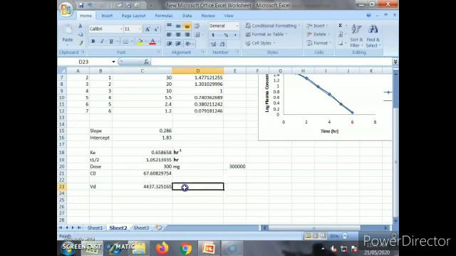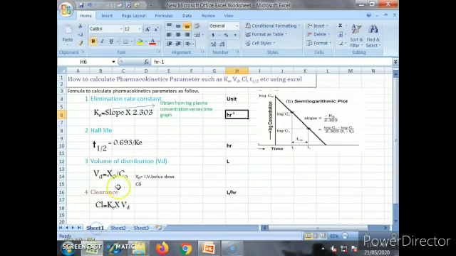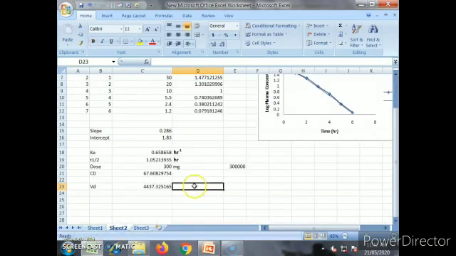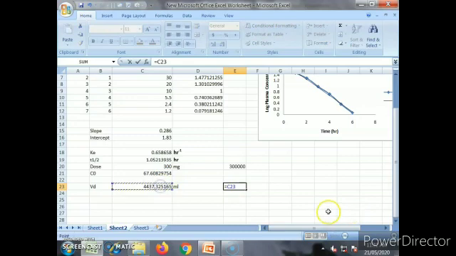So in this way we have got this value Vd, volume of distribution, and the unit for volume of distribution is the liter. So this we have got in ml, we'll convert it into liter, divided by 1000. So 4.4 liter. This is the unit for volume of distribution, the liter.